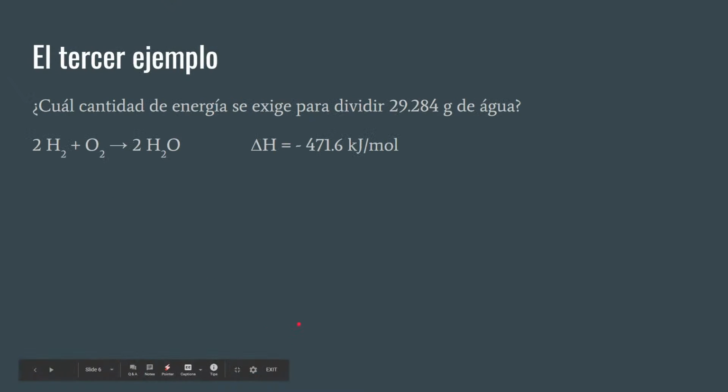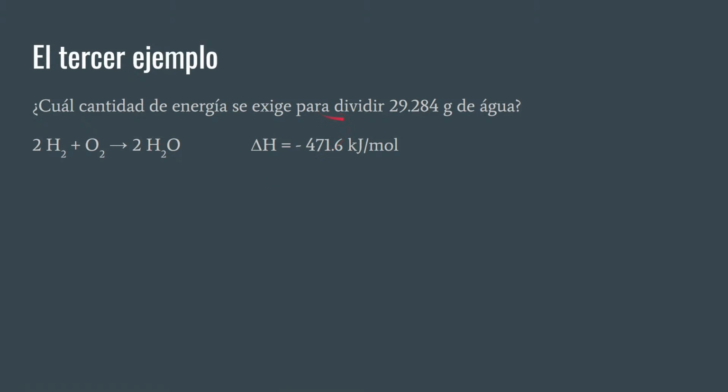All right. Third example. What amount of energy is needed to split 29.284 grams of water? I was obviously having a little bit of fun with this. Okay, so here we have the reaction for combining hydrogen and oxygen into water.